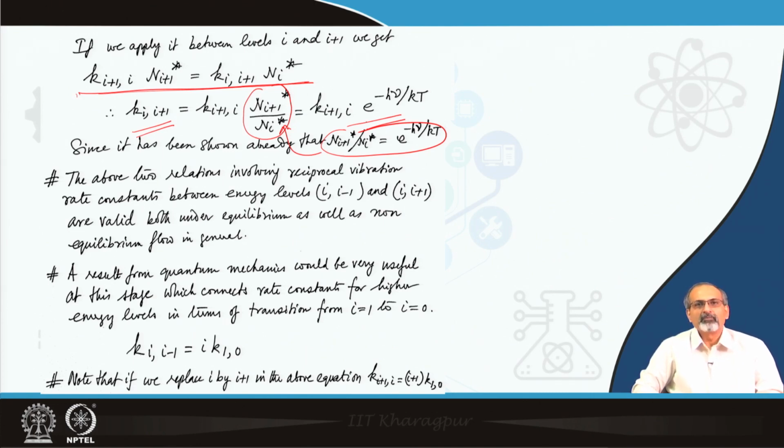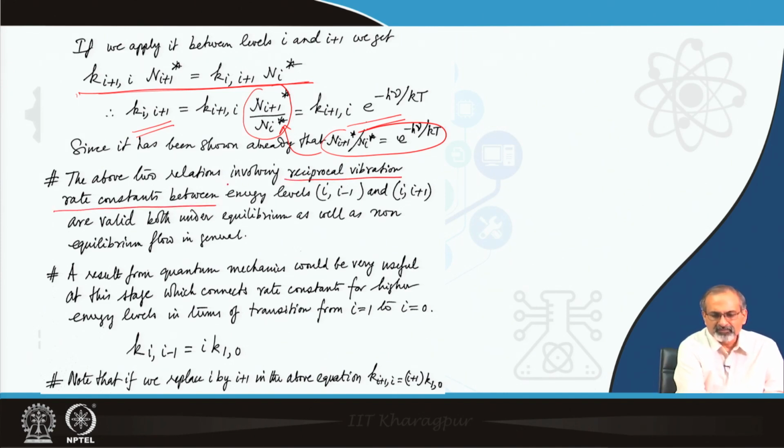So, though we have borrowed partly from the Boltzmann distribution, which is valid for an equilibrium situation, when it comes to applying that concept in terms of reciprocal vibrational rate constants, then in principle it gets extended to non-equilibrium as well. It gets applied on an instantaneous basis. At every instant of time, we keep balancing the terms which are involved with the reciprocal vibrational rate constants.